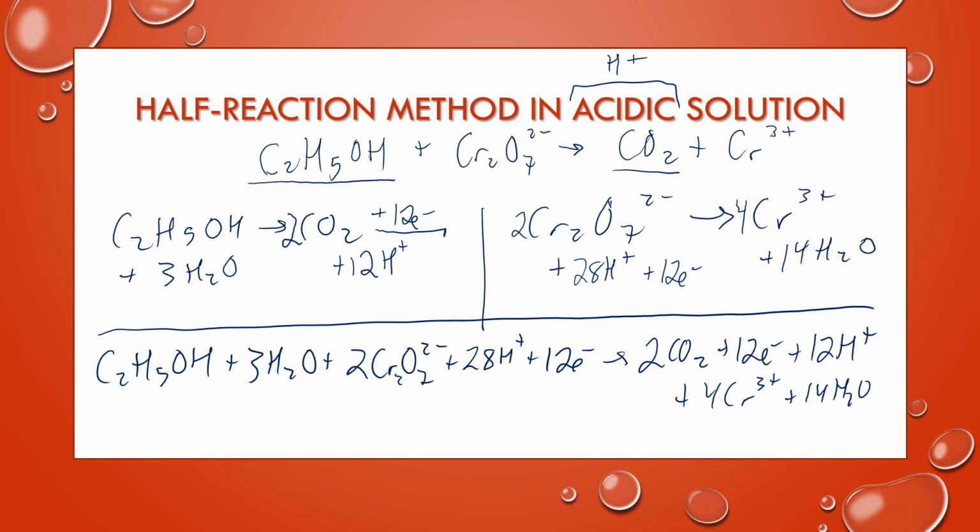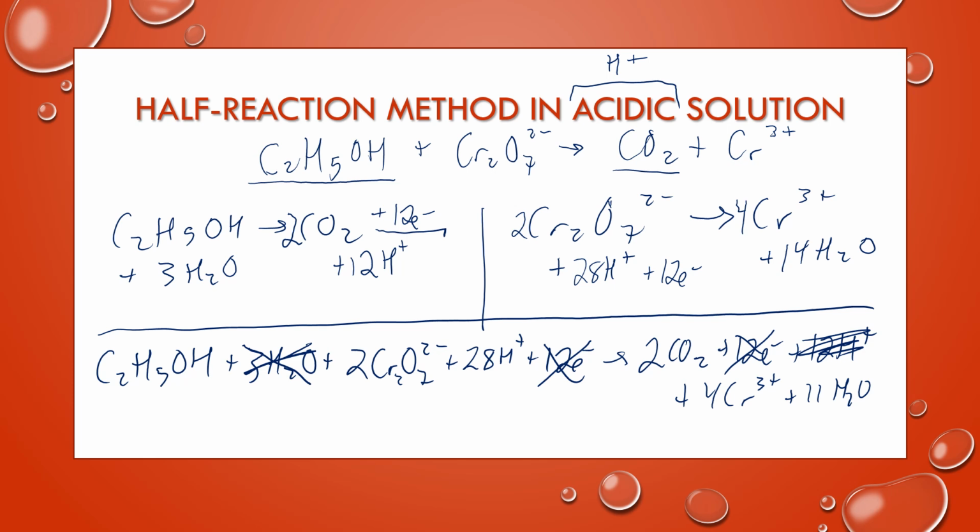Then you need to cross out anything that is the same on both sides. The 12 electrons will cancel, and the electrons will always cancel because you intentionally made them the same. Water molecules, 3 of them cancel out, 3 here, so this 14 goes down to 11. And then 12 of the hydrogen ions cancel.